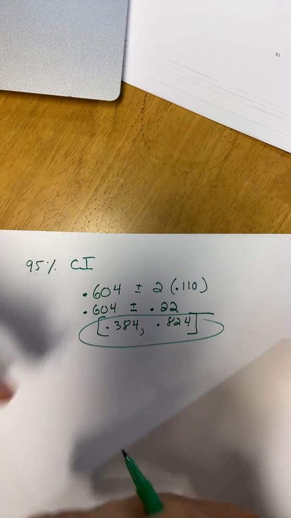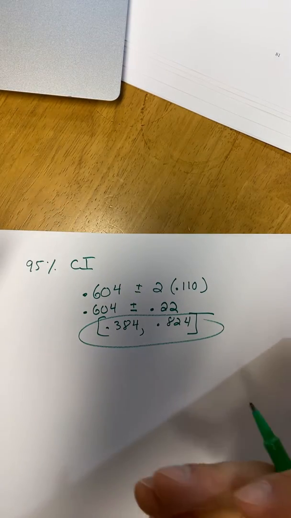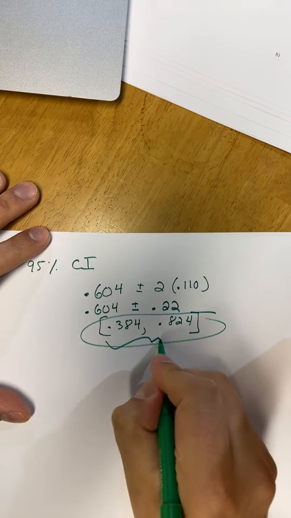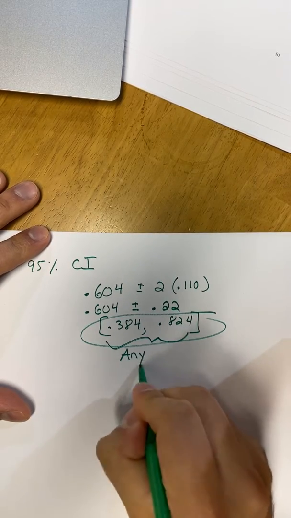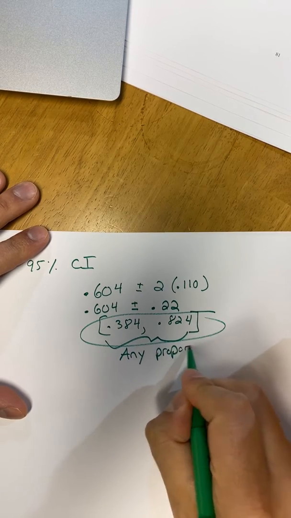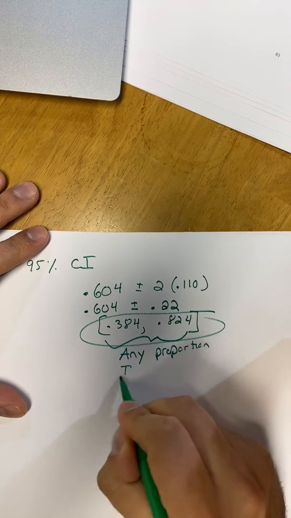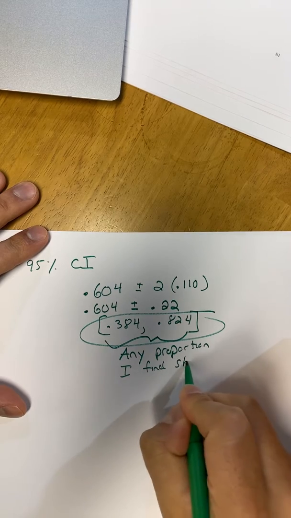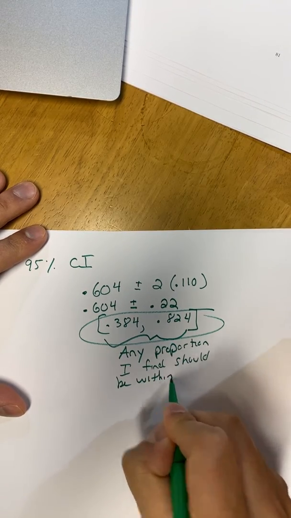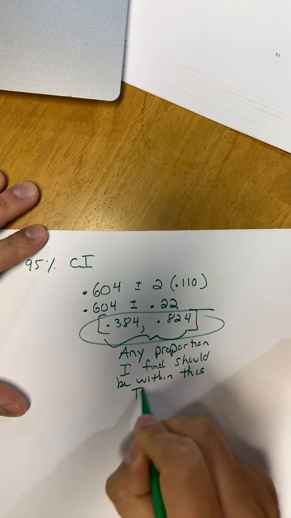Whatever proportion I find, it should be within this interval. Any proportion I find should be within this interval.